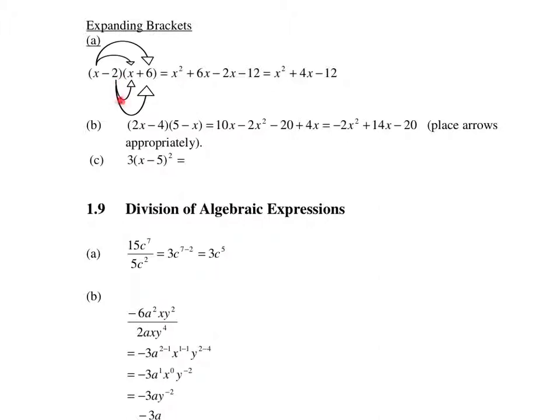Negative 2 times 6 is negative 12. So we come up with an algebraic expression with 4 terms, which we can simplify because 2 terms are alike. We have 2 x terms. 6x minus 2x is 4x. So the expression simplifies to x squared plus 4x minus 12.